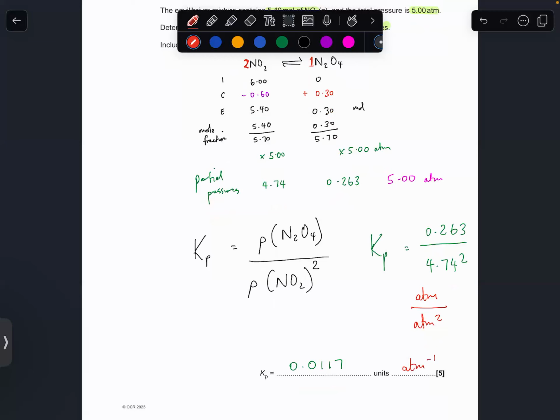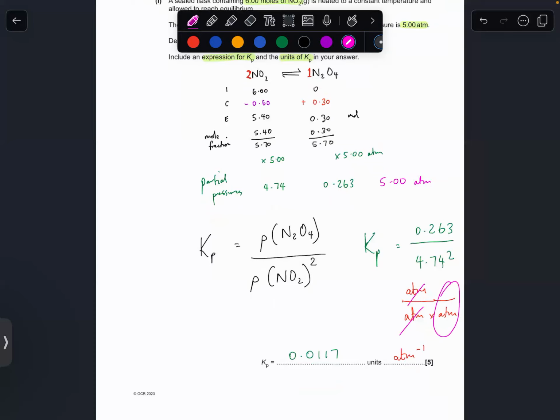Yep, atm to the -1. And if you're a bit unsure about that, you see that cancels out with that, and you're dividing by atm, atmospheric pressure. That's why it's to the -1.